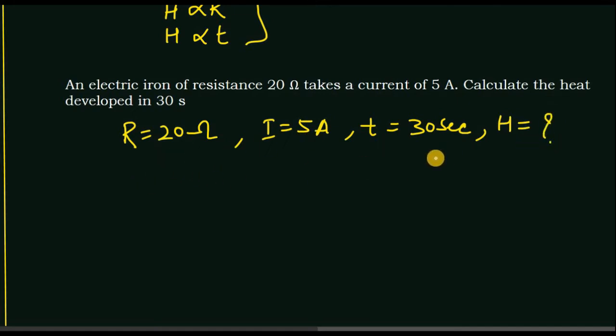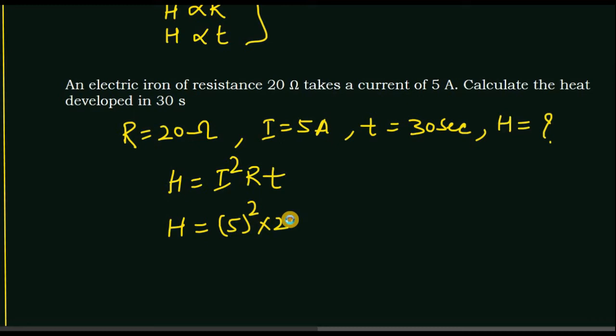When we see all these values H, R, I and T, the single formula that comes to mind is H equals I square RT, Joule's law of heating. So directly we can calculate it. H equals I square, that is 5 square, into R which is 20, and the time is 30.